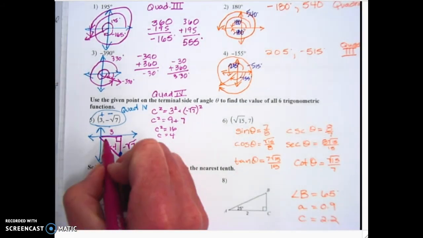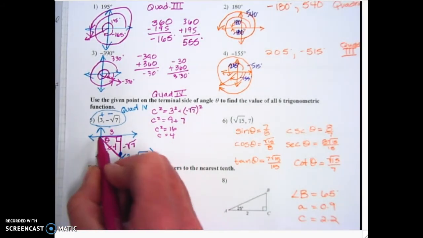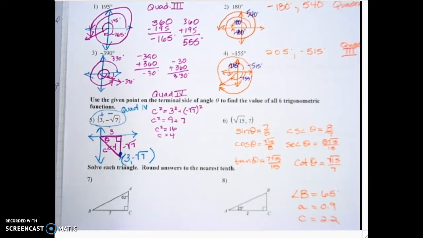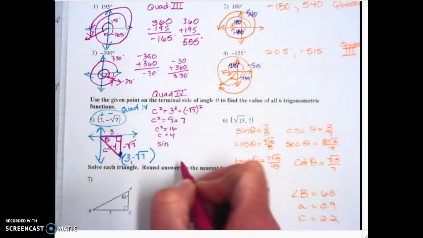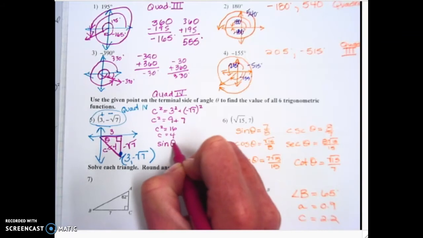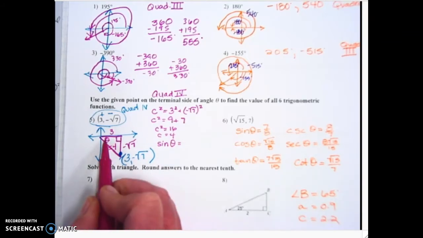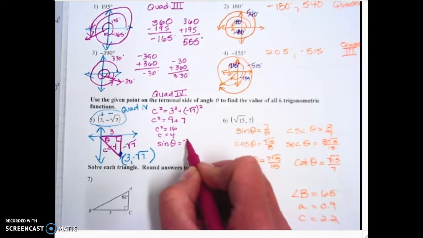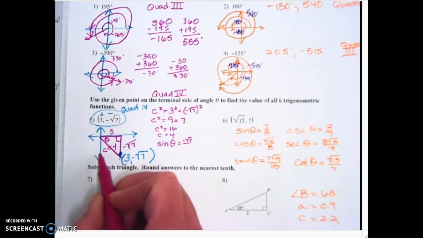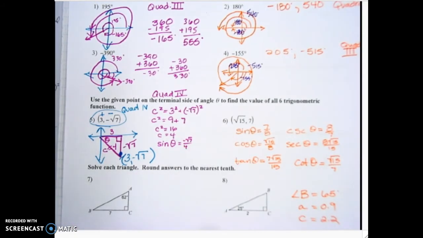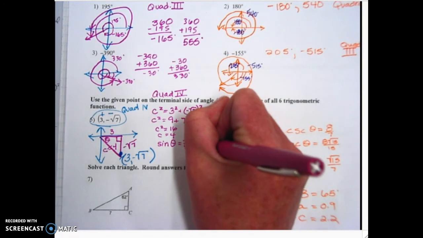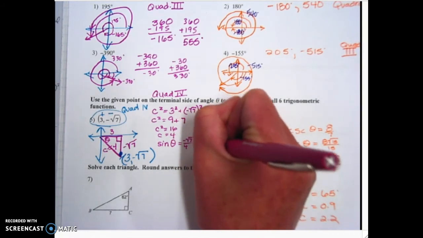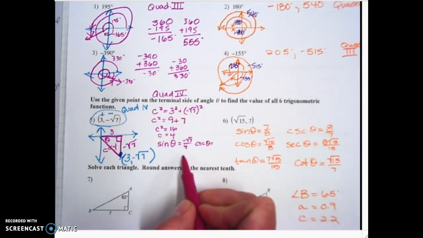Your angle theta is right here next to the origin. So from there, we need the sine, which is opposite over hypotenuse. So from here, opposite is negative square root of 7 over the hypotenuse 4. The cosecant is going to be the reciprocal of that.